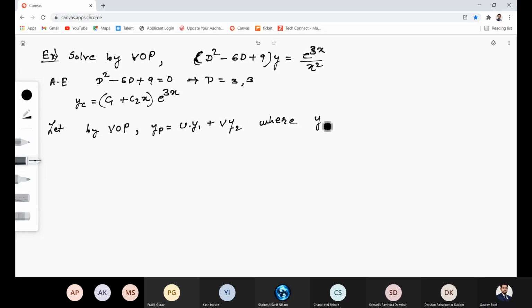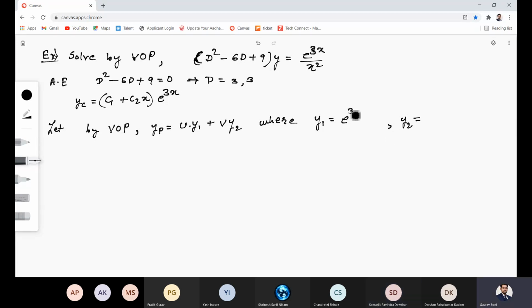y1 is, anyone, what is y1? Who can tell me the values of y1 and y2 here? So y1 is c into e raised to the power 3x. No, sir, only e raised to the power 3x.